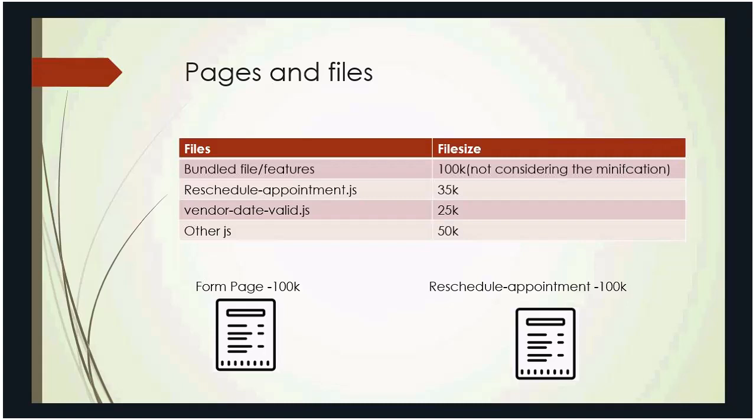Reschedule appointment JS will have around 35k and vendor date 25k, and other JSs we can assume around 50k. So regardless of the feature, you are delivering the same number of bytes and decreasing the user experience, overloading the network and the data consumption.